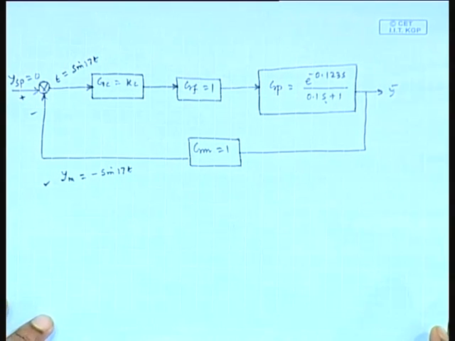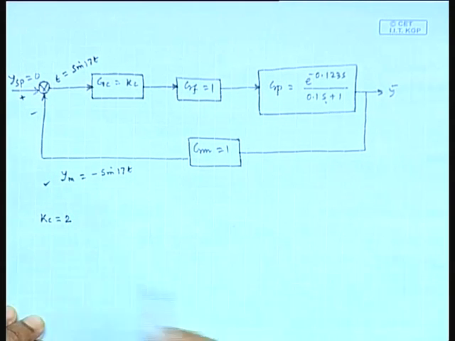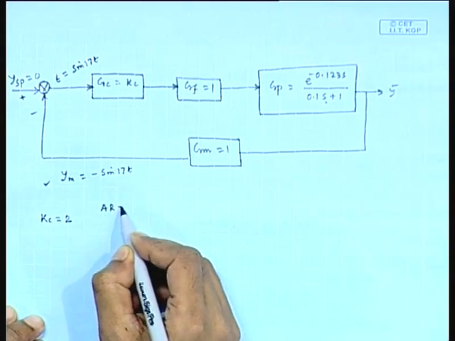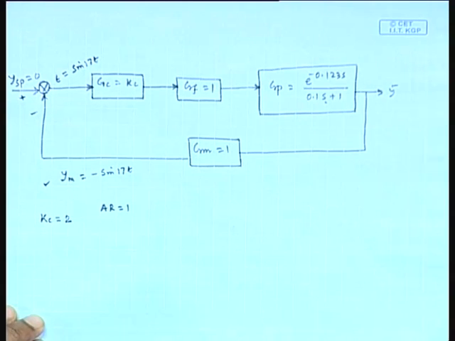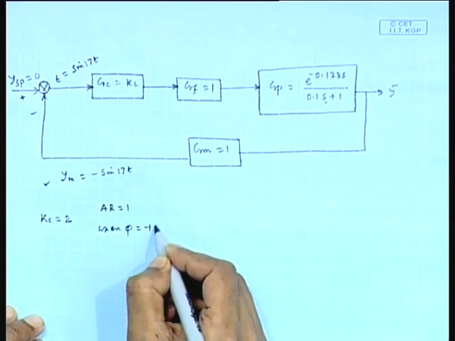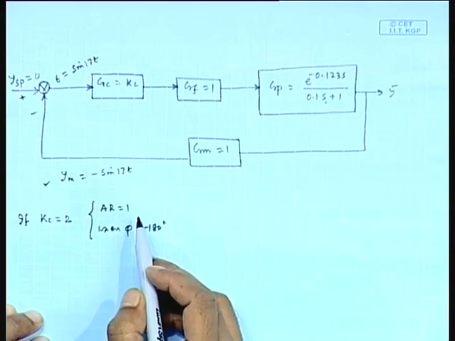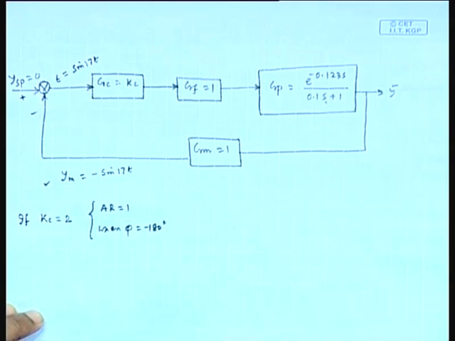What does it indicate? Sustained oscillation. I mean, if we consider Kc equal to 2, then amplitude ratio is equal to 1 when phi is equal to minus 180 degree. If Kc is equal to 2, which is the critical Kc value, then amplitude ratio equal to 1 when phi equal to minus 180 degree.